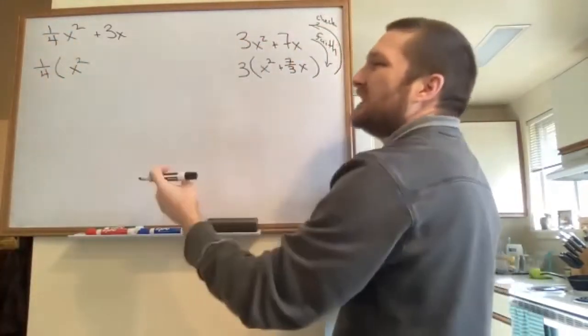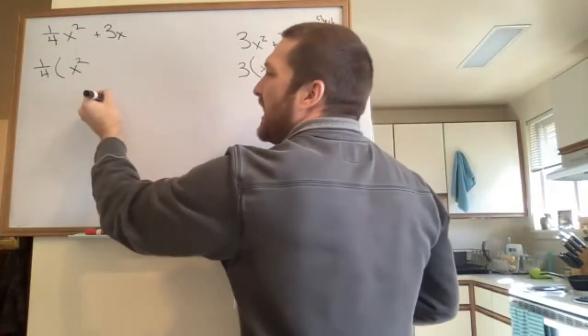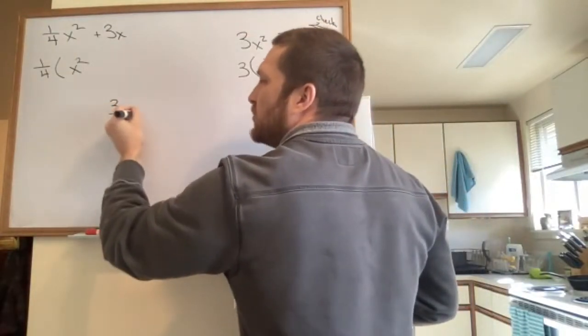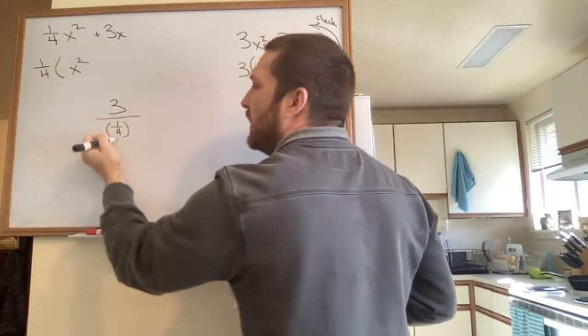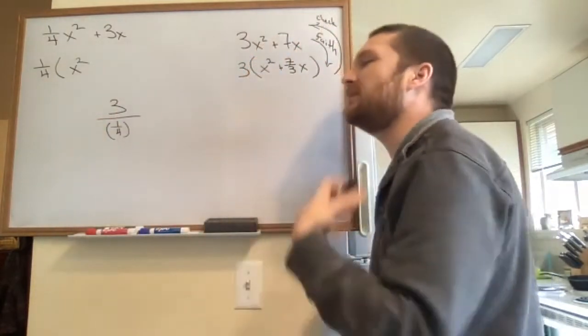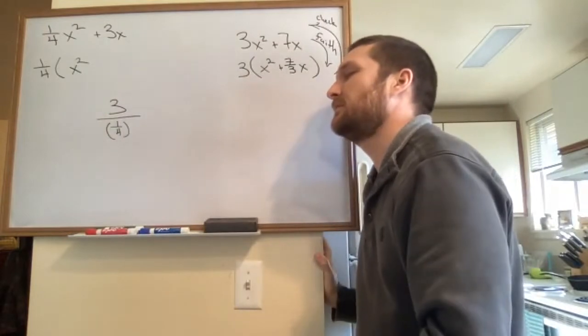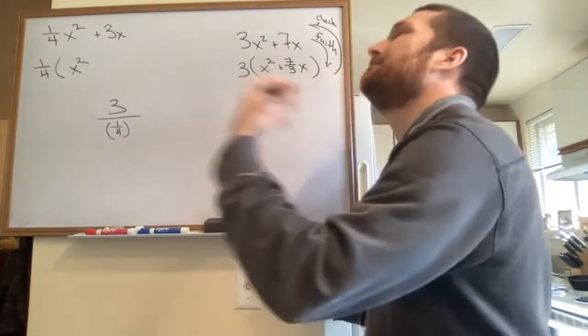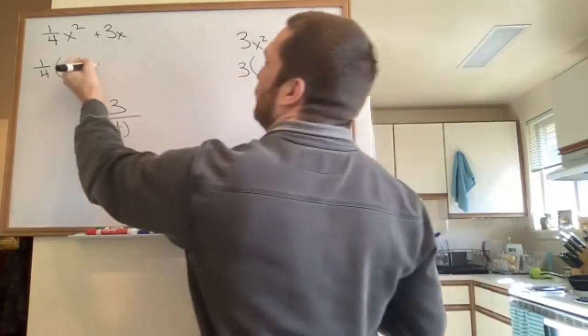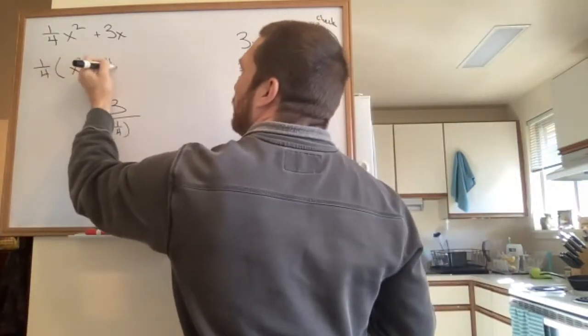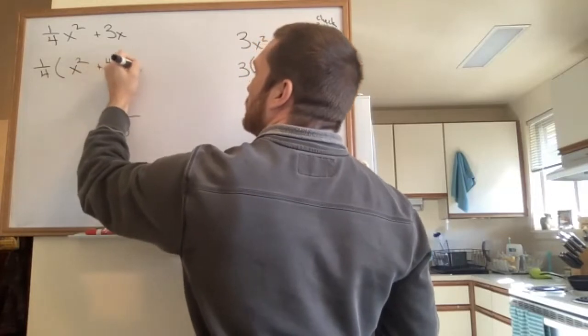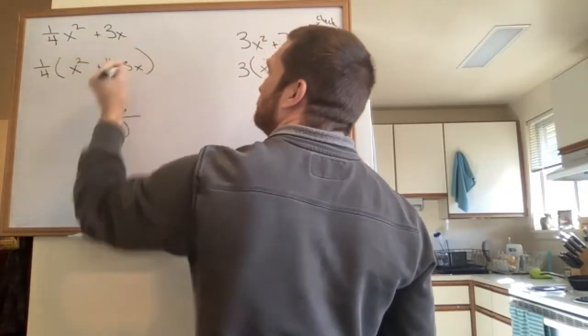And what did I just say we do? We divide by that number. So we have 3 divided by a quarter. But when it's a fraction, how do we divide by a fraction? We multiply by its reciprocal. And so I'm going to say, well, that's the same thing as 4/1 times 3x right there.